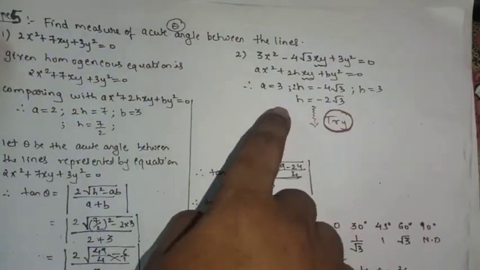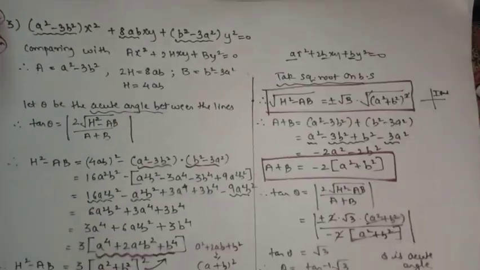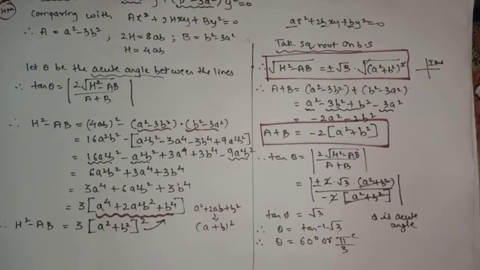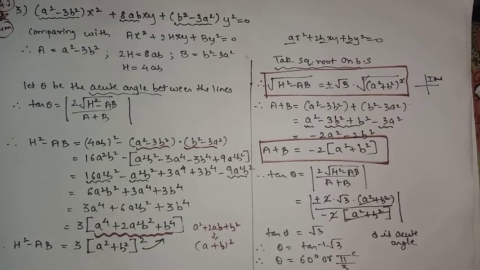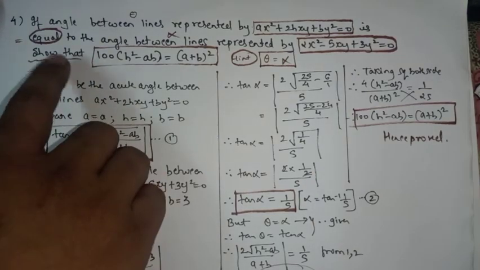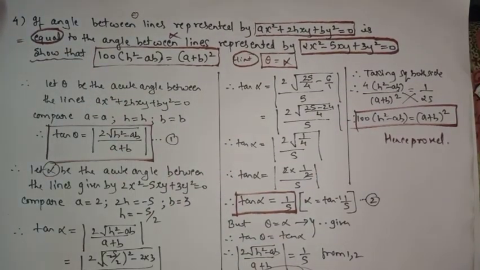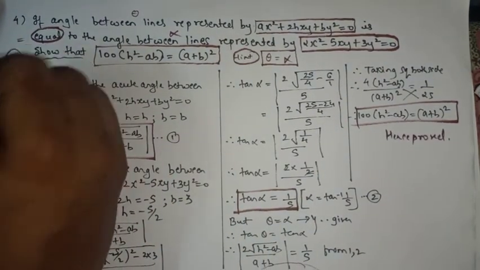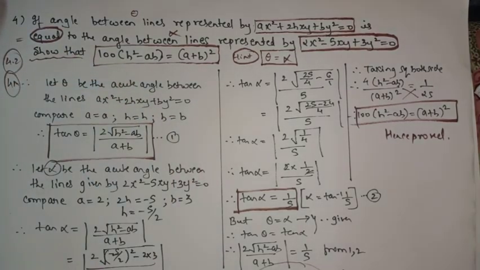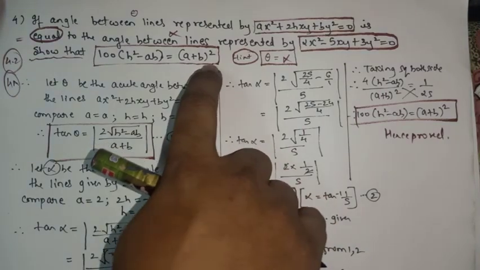I told you to solve the second sum by yourself. Then we saw a very important sum from the exercise, a proper 4-mark sum. And last we saw one sum, again in exercise number 4.2, again a proper 4-mark sum, where we have to show this condition.